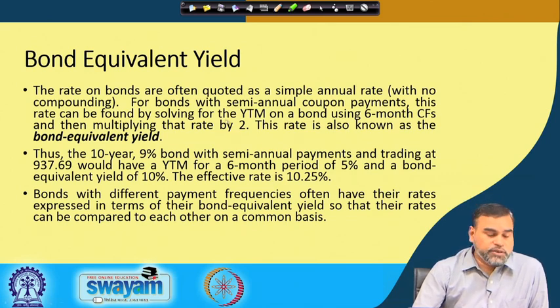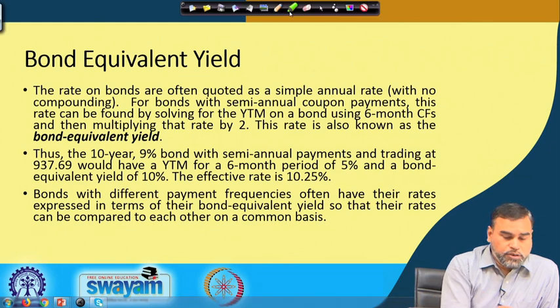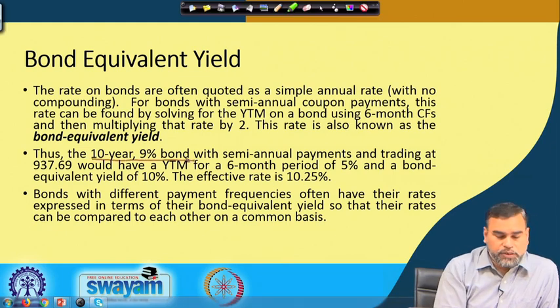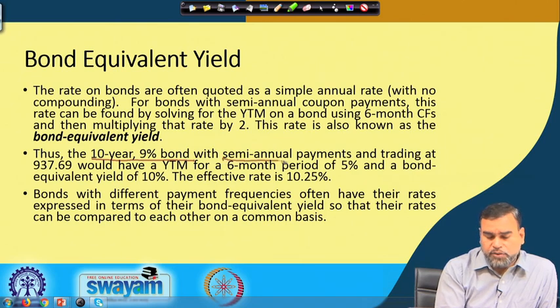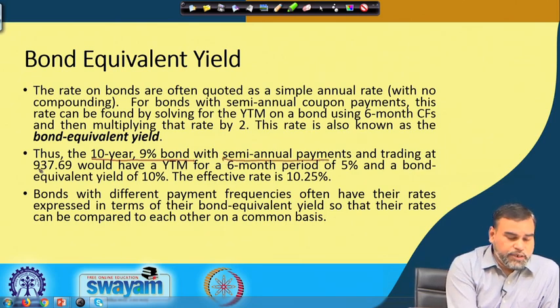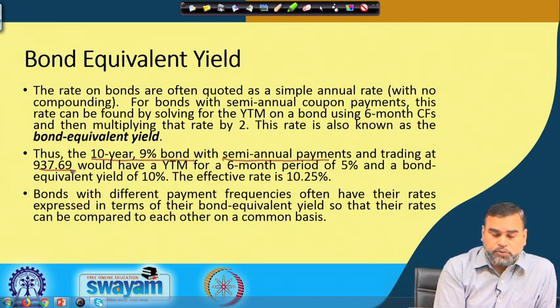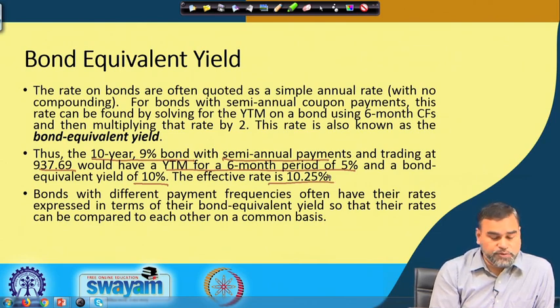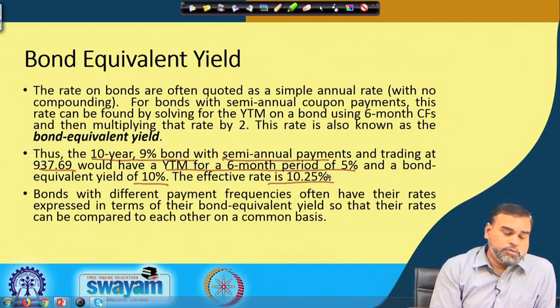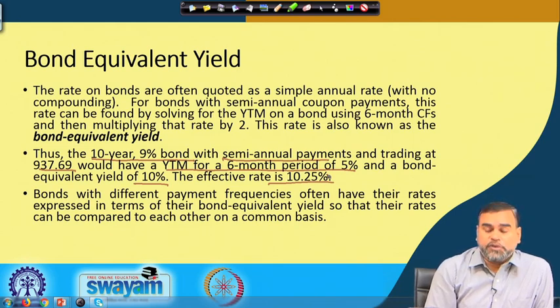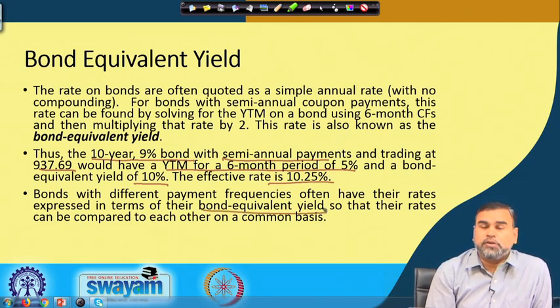For example, take a 10 years bond with 9% coupon, semi-annual payment, trading at 937.69. We find that we have a YTM for a 6 months period of 5%, and the bond equivalent yield is 10%, but the effective rate is 10.25%, which we have seen in the previous example. So, bonds with different payment frequency often have their rates expressed in terms of the bond equivalent yield, so that the rates can be compared with each other on a common basis.